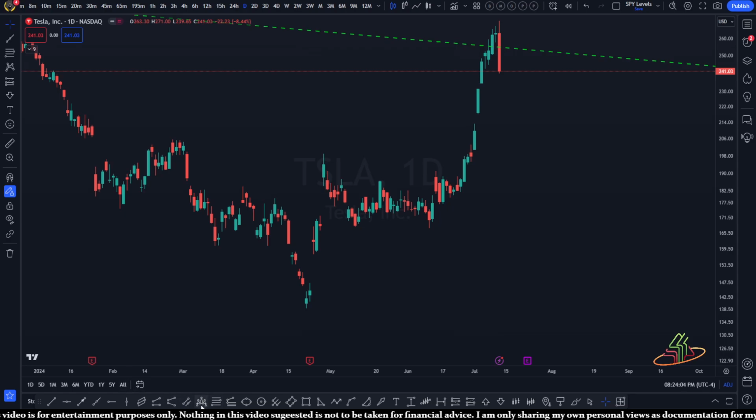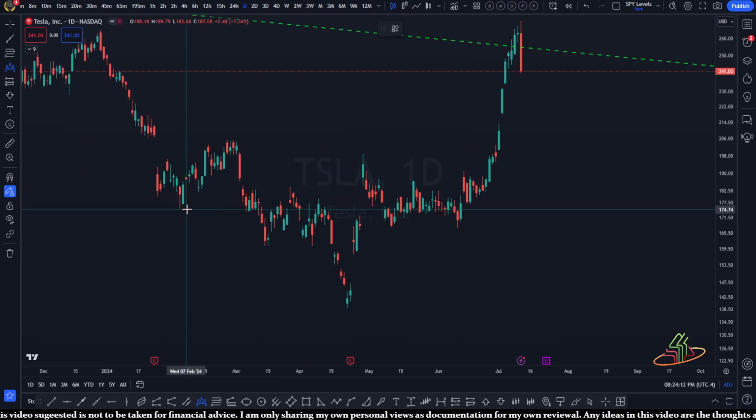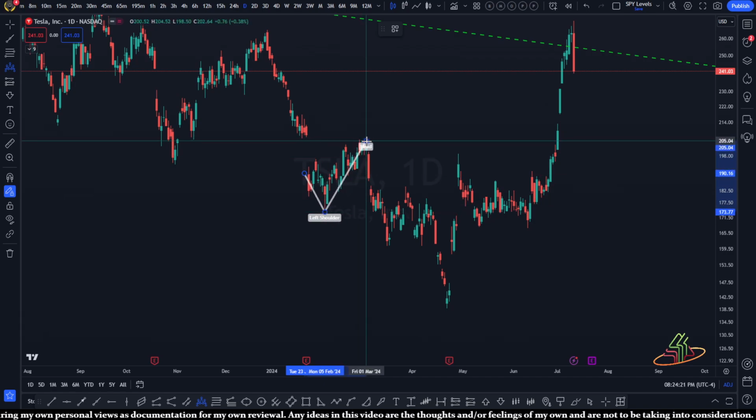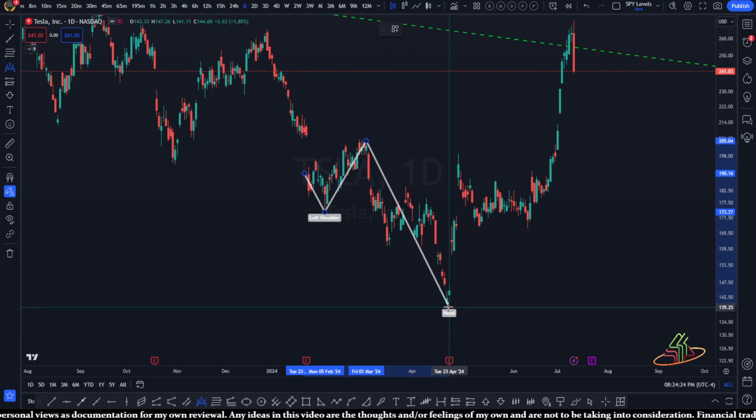So if I were to draw this on the chart, I would say that this perhaps was my right shoulder, right? This was my head.